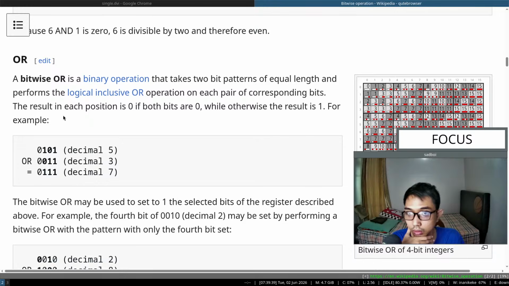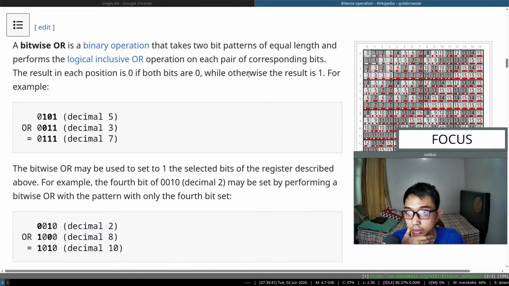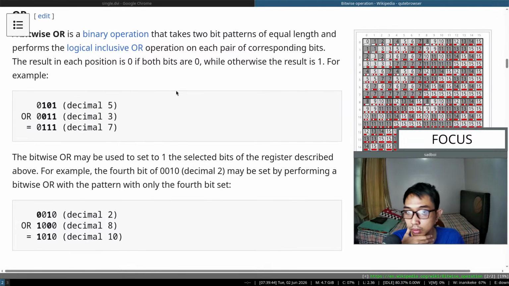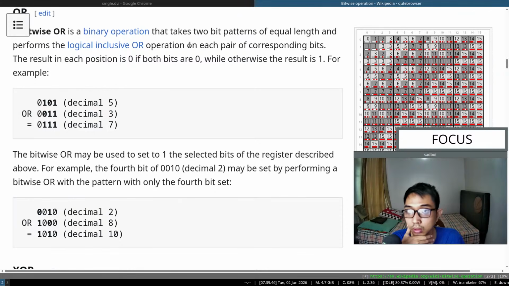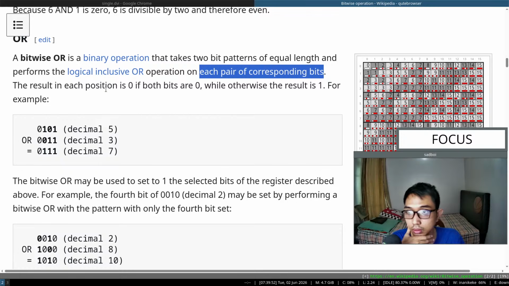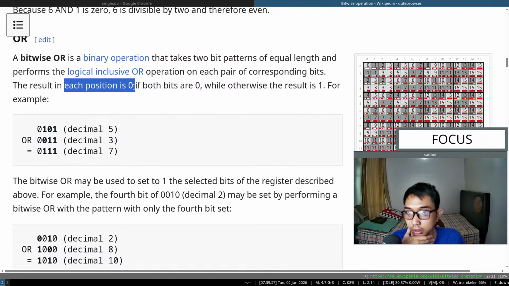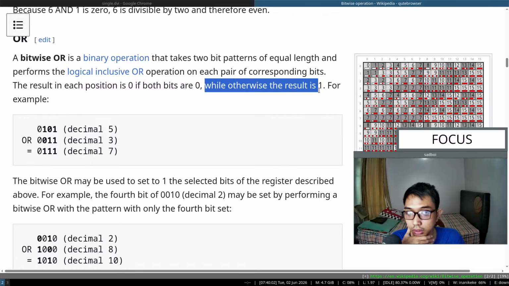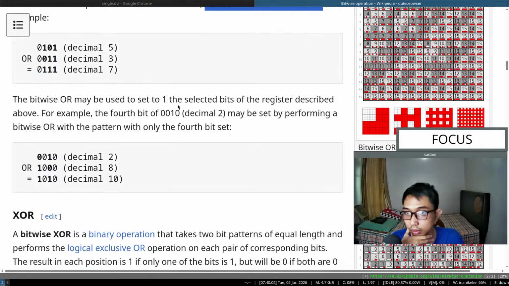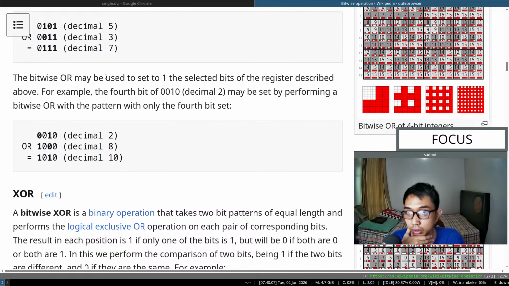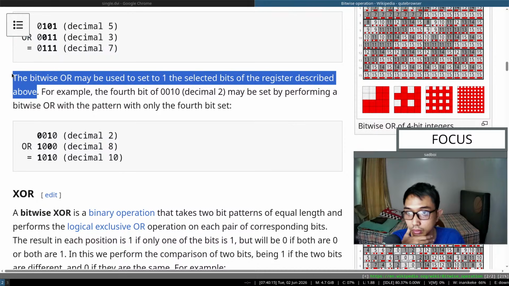Bitwise OR. For each pair of corresponding bits, the result is 0 if both bits are 0. Otherwise, the result is 1. May be used to set to 1 the selected bits of the register described above.